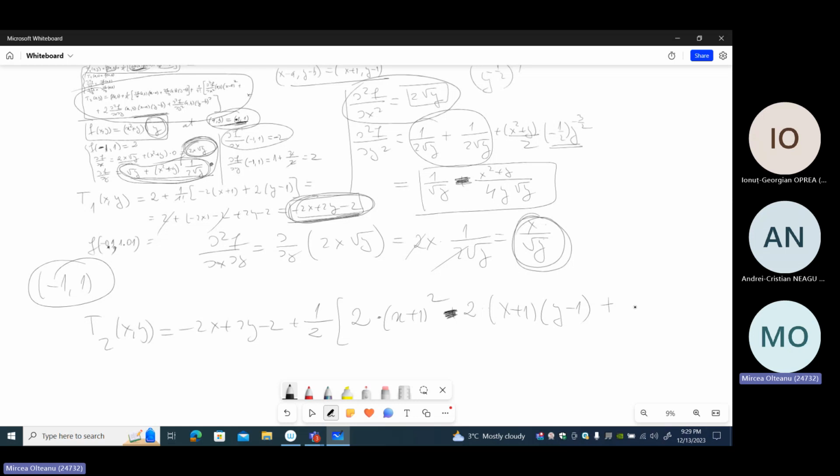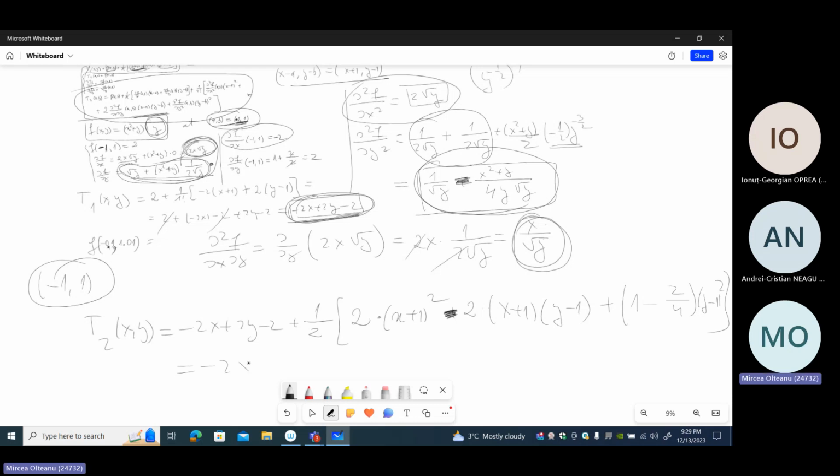And now plus this one. At the point (-1, 1). That means 1, negative. Here it's 2 over 4 times (y minus 1) squared.